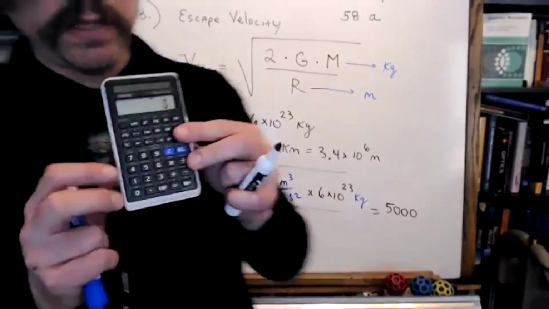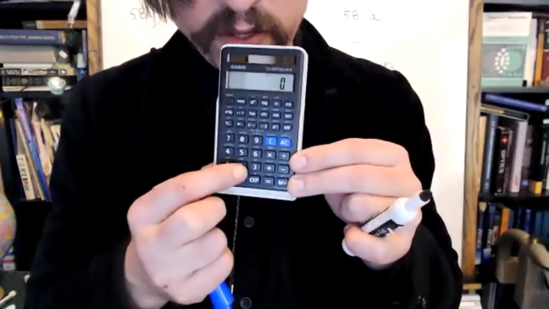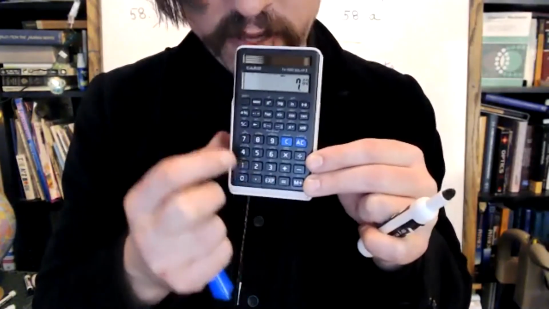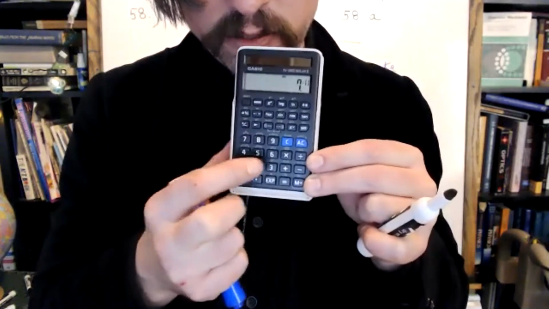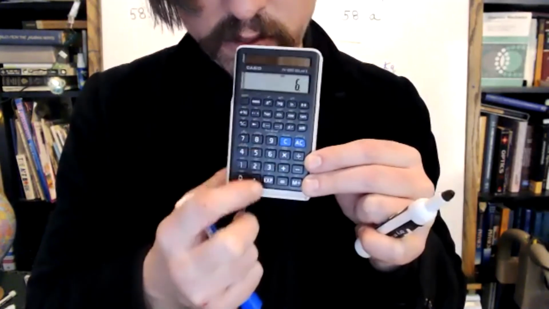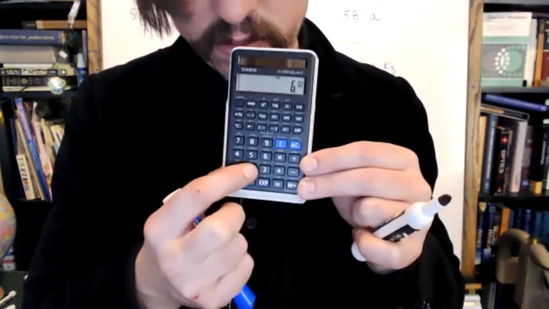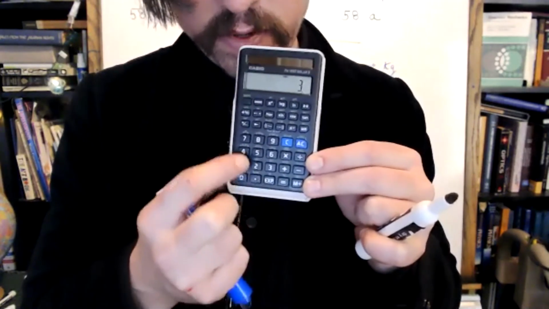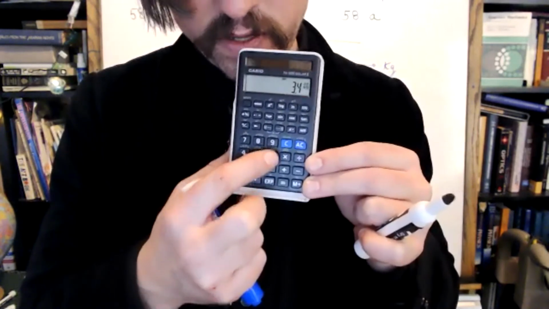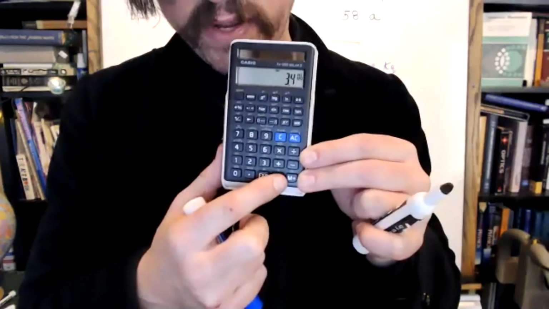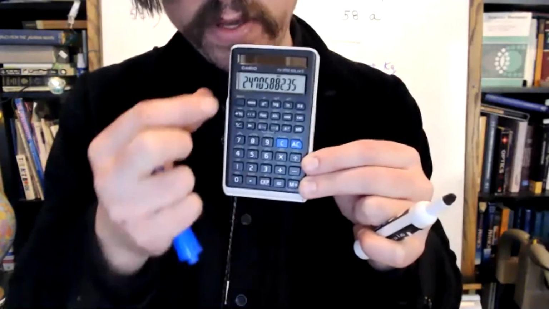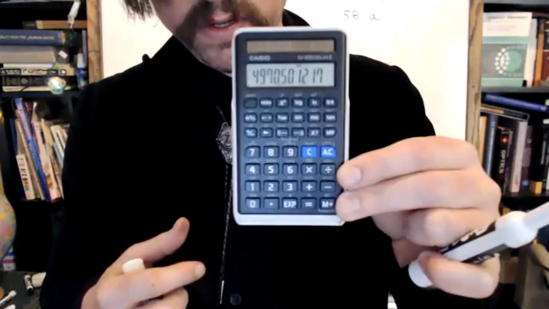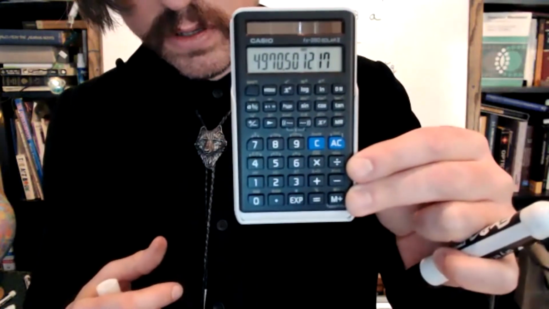Here, let me punch it with you, okay? 2 2 times 7 exp negative 11 times 6 exp 23 divided by 3.4 exp 6. Then you hit equals. Then shift, and then root it. Okay, yeah.